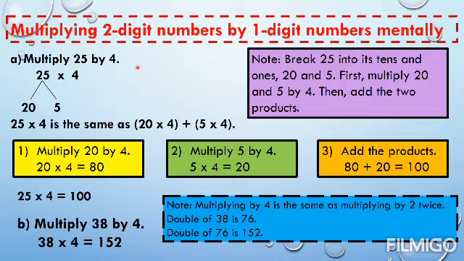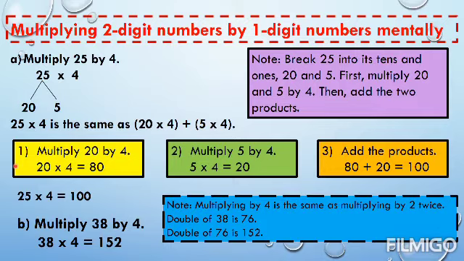So 25 times 4 is the same as (20 times 4) plus (5 times 4). Let's find the product of 20 and 4.